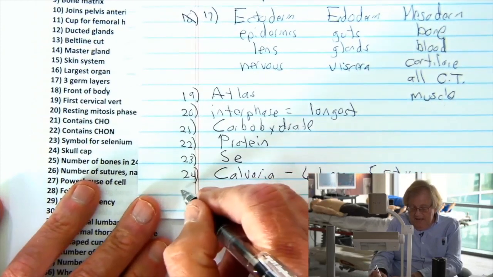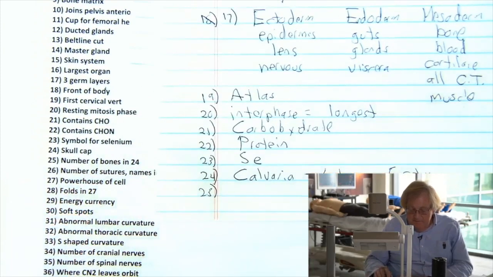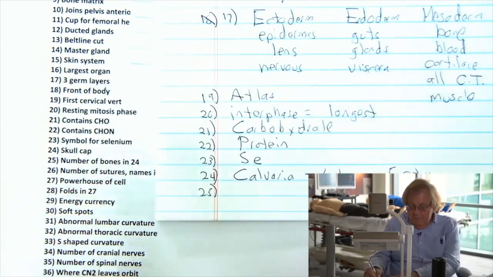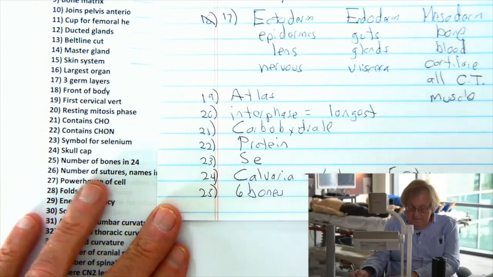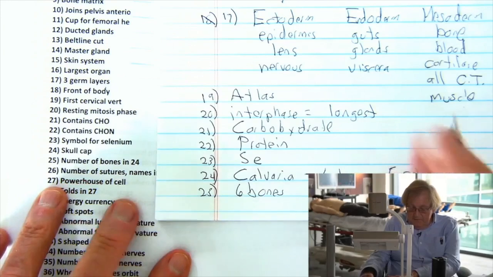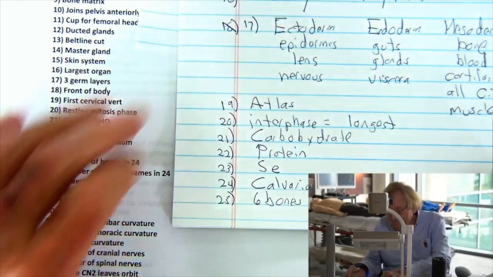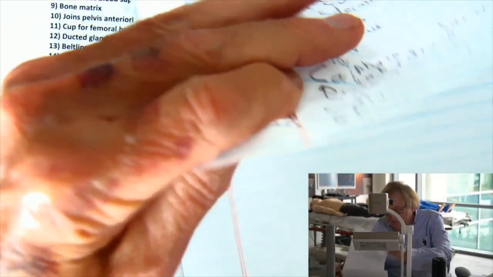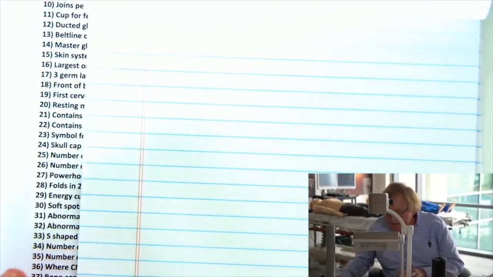Number 25 says number of bones in the skull cap. Well, we just answered that: 6 bones. Number 26, number of sutures, and their names. To do that, we can do it very quickly by just looking at a calvaria.